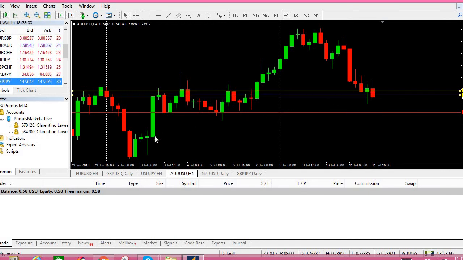You can probably make around 50 pips in this breakout move alone, which is really good.